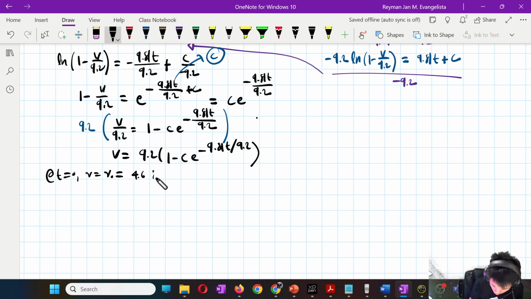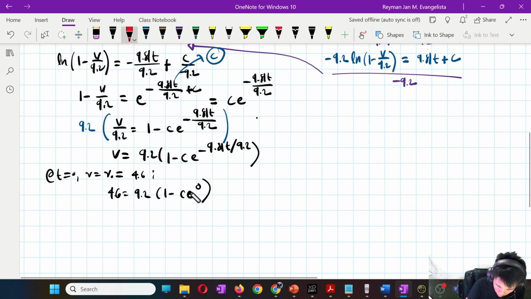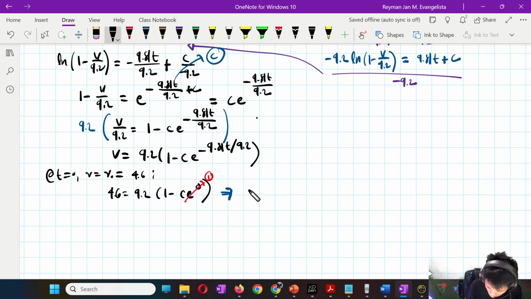So 4.6 is equal to 9.2 times the quantity 1 minus c e raised to 0, and e raised to 0 is positive 1. So that means our c here is equal to what? 4.6 over 9.2 is 1 half, then 1 minus 1 half is 1 half, so c is 1 half.